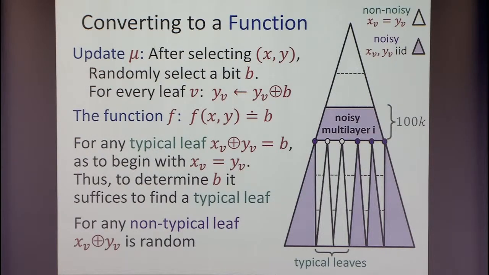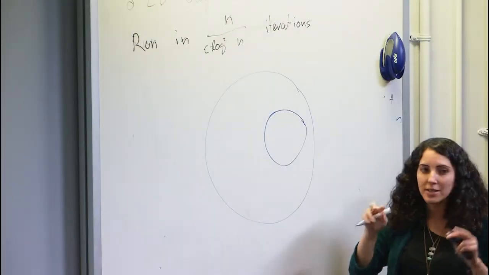Great. Let me say again how we were doing this function thing. Take this set to be the set of all leaves. Those are all the possible outputs. And for every x and y, there is a set of outputs that is correct.